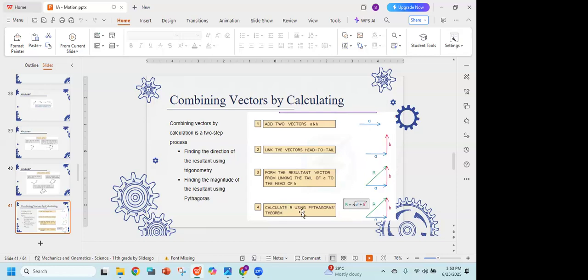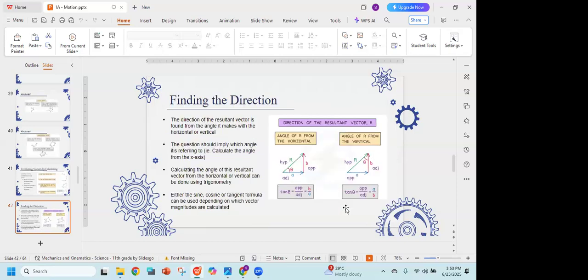Once you connect that, using Pythagoras theorem, a square plus b square, the sum of those two, the square root of that is the resultant force, the normal Pythagoras theorem to find the hypotenuse. Clear?